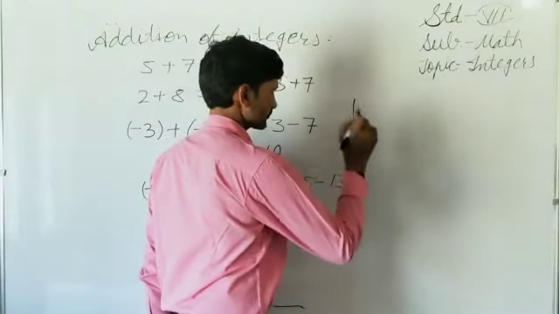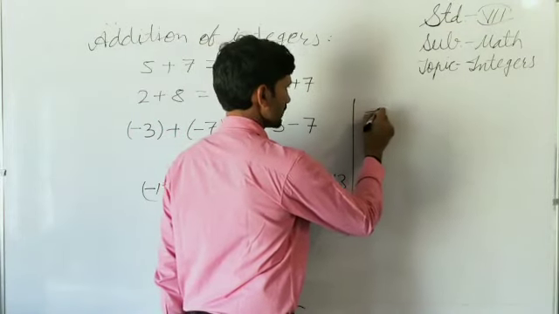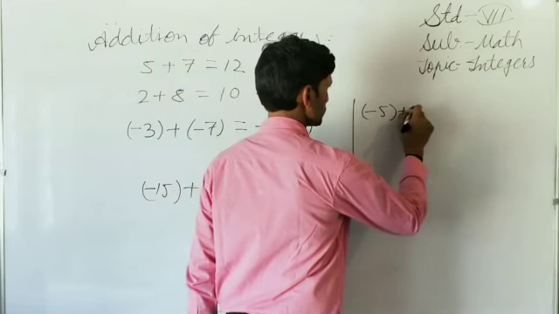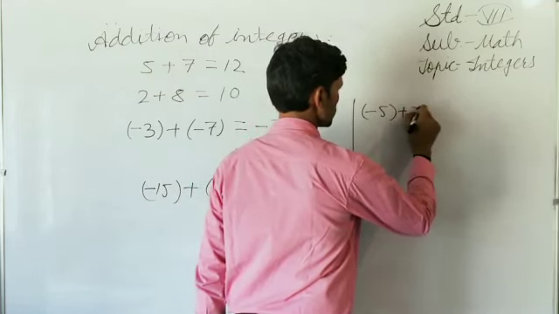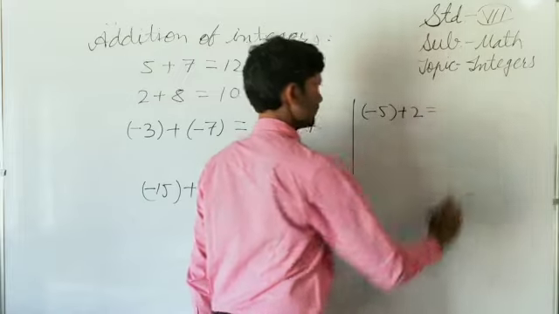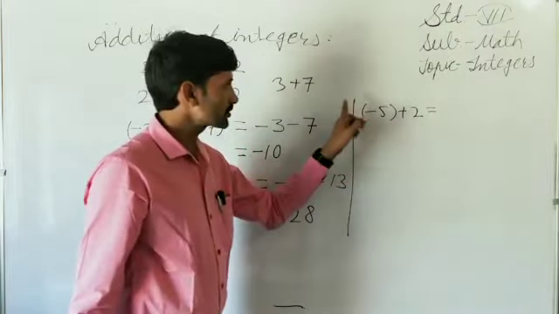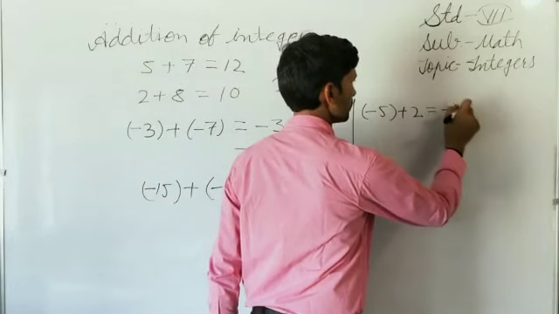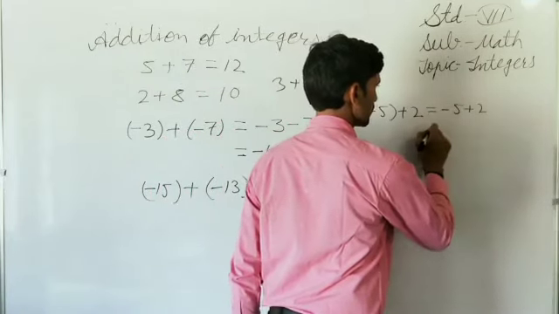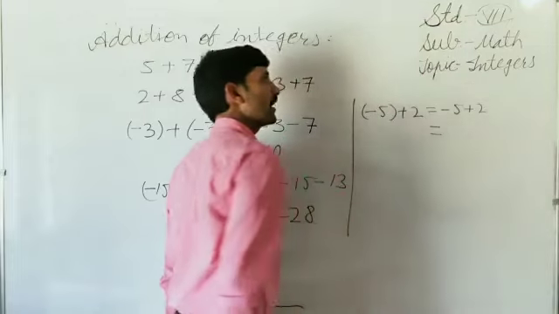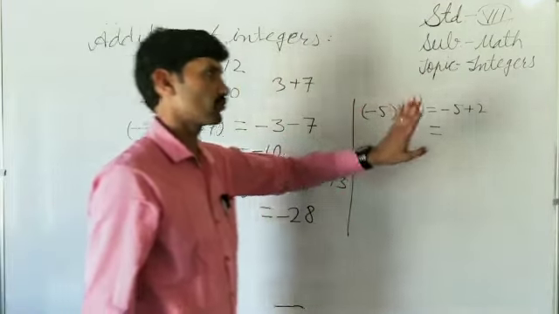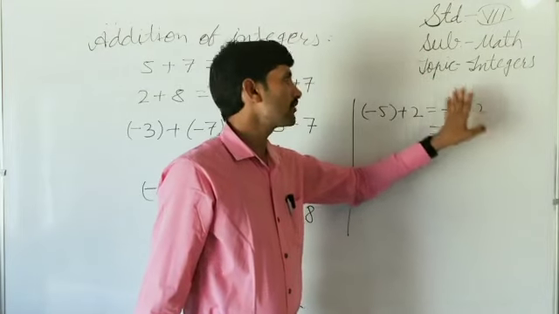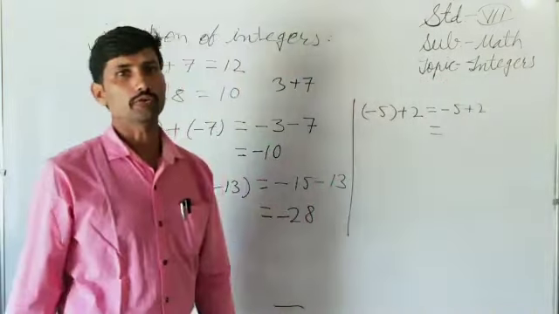See, if I take minus 5 and here plus 2, we want to add them. So outside the bracket, what sign is here? Plus. Plus minus minus 5. It is plus 2 already, no bracket. If you want to simplify it, the simplification is very easy. If both the integers are of opposite sign, then find the difference of their absolute values.